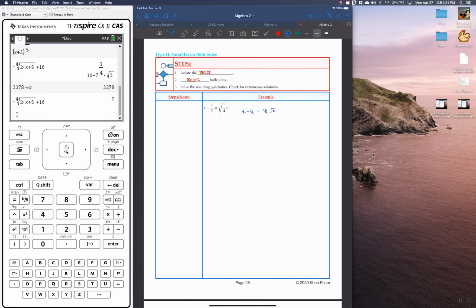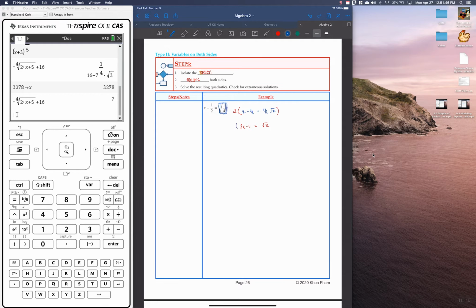So basically I just split up this product on the inside with the 1/4 here in the x, and the square root of 1/4 is just 1/2. And I'm doing this because now I want to get rid of that fraction, so I'm just going to times 2 by everything. So this gives me 2x minus 1 equals square root of x. And so in 2 really short steps, I can get rid of those fractions pretty easy.